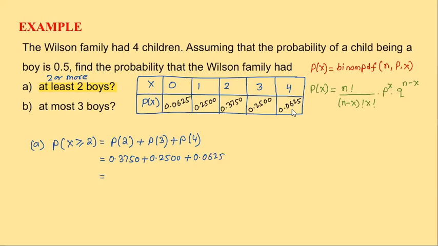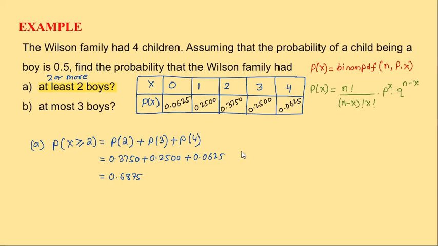So when we add them together, it is 0.6875. So the probability that the family had at least 2 boys, or 2 or more boys, is 0.6875. That is the answer to part A.